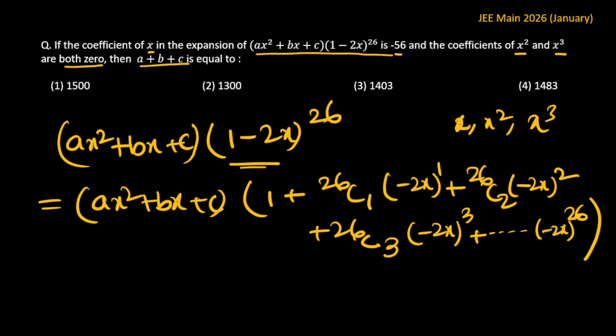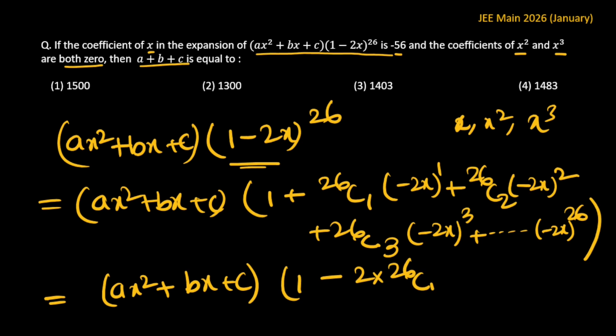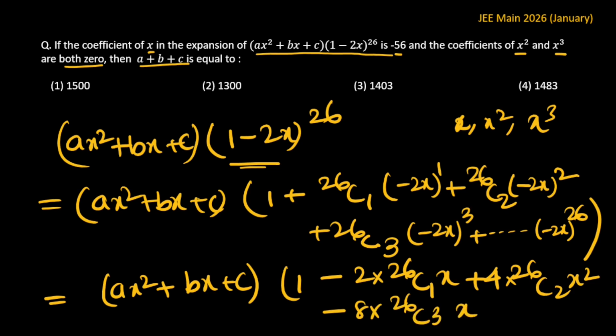Because we need the power of x cube, we expand up to the coefficient of x cube. Now (ax square plus bx plus c) times (1 minus 2 times 26c1 x plus 4 times 26c2 x square minus 8 times 26c3 x cube and so on, up to minus 2x power 26).